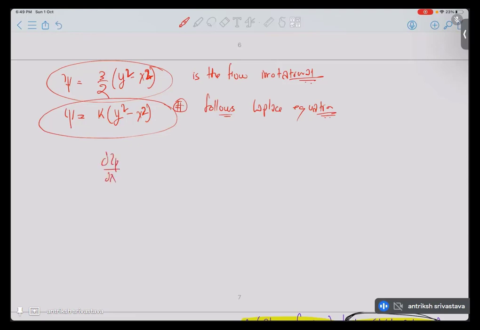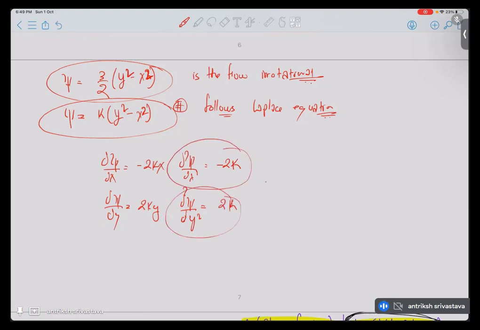d psi by dx is minus 2kx, d2 psi by dx square is minus 2k, d psi by dy is 2ky, and d2 psi by dy square is 2k. So the sum of these two is going to be 0. So this means this flow is irrotational.